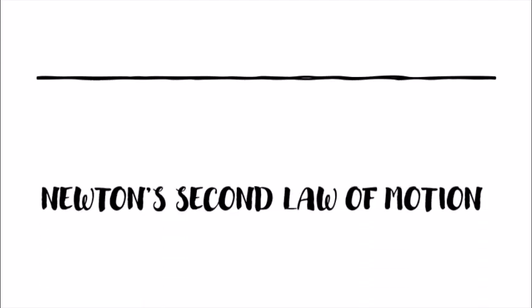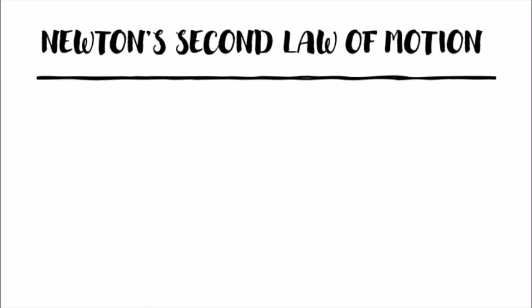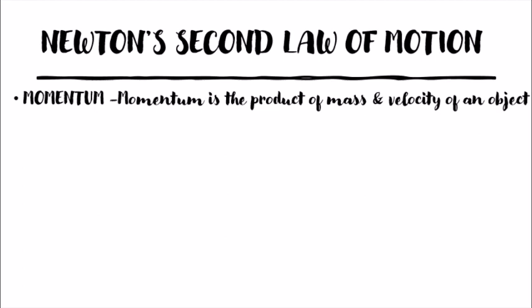Newton's second law of motion. It explains the change in momentum. Let's understand momentum first. Momentum is the product of mass and velocity of an object. Let's understand this with an example.